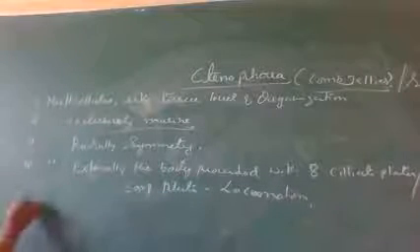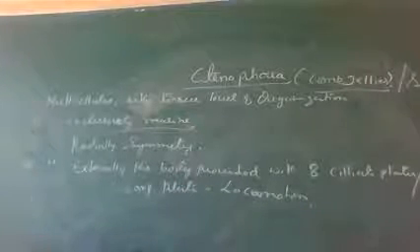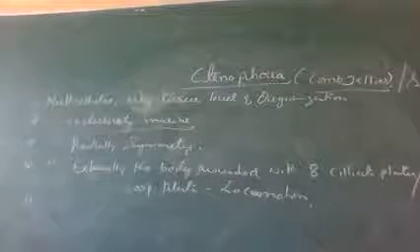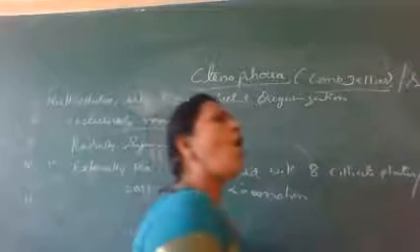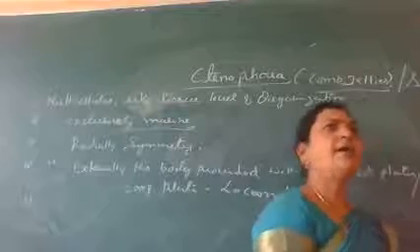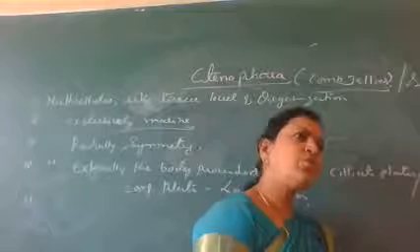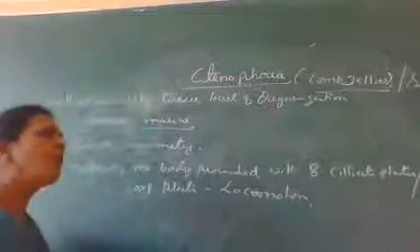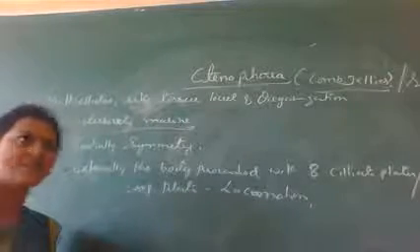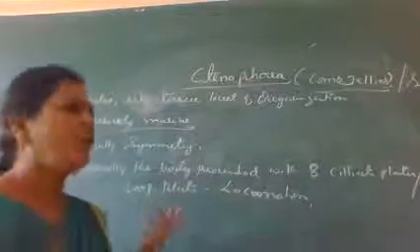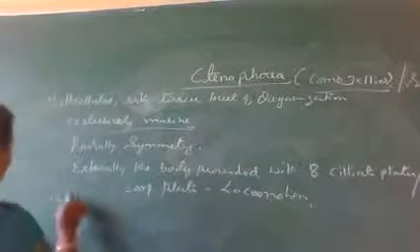Then these ctenophorans show one unique feature when compared to the coelenterates. That is, these ctenophorans are always benthonic forms. Benthons means those present at the bottom of the sea, where light penetration is very low, the darker zone of the sea.